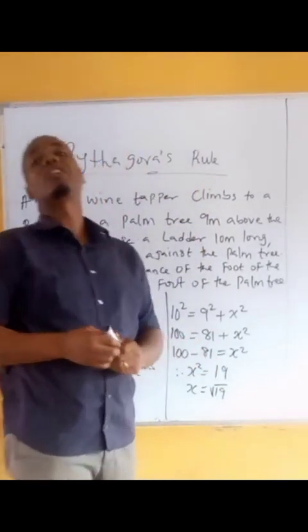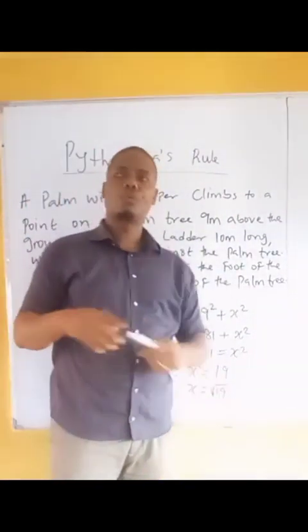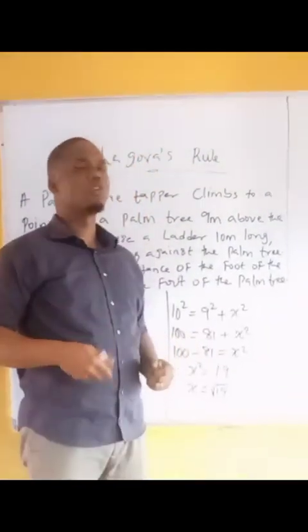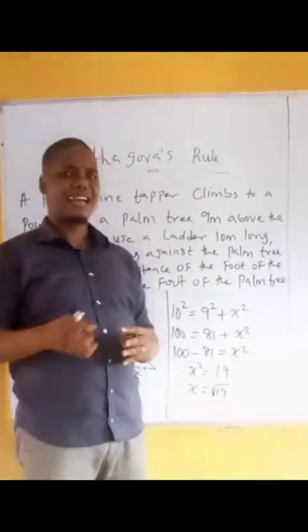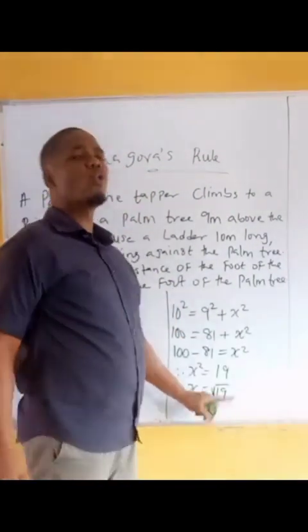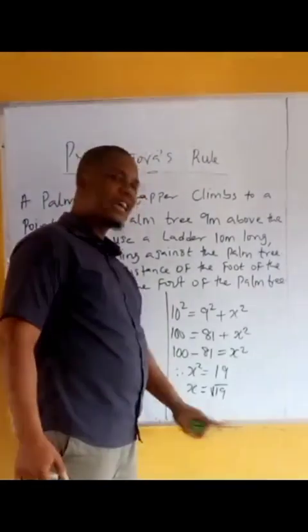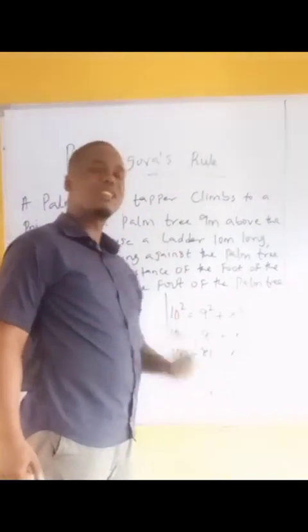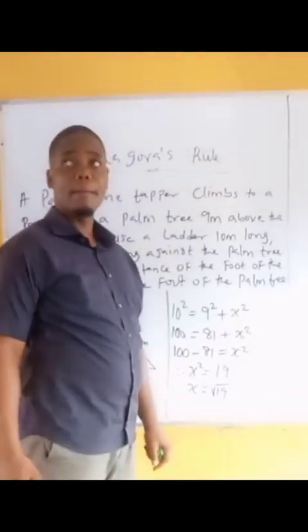Let's assume that the child is not close to a four-figure table or is not close to a calculator. These are brain work that you just do mentally. What is the closest perfect square to 19? The closest perfect square to 19 is what? It is 16.